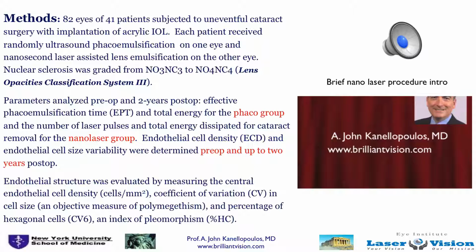Also, all cases had endothelial cell density and endothelial cell size variability measured preoperatively and up to 2 years postoperatively. The endothelial structure was evaluated by measuring the central endothelial cell density, cells per millimeter square, coefficient of variation in size, which is an objective measure of polymorphism, and percentage of hexagonal cells, CV6, an index of pleomorphism.